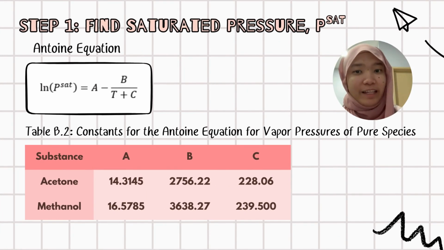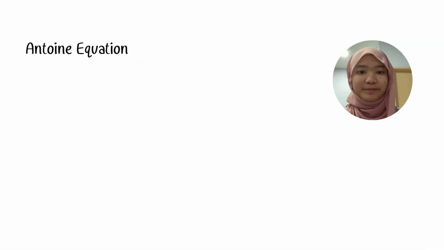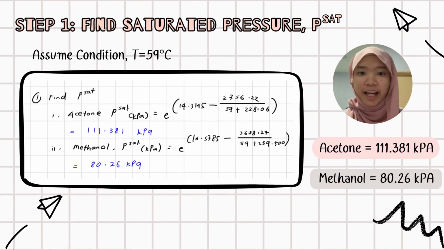For the first step, we must calculate the saturated pressure for each component, which is acetone and methanol, using the Antoine equation. For the values A, B, C, we must refer to Table B2 from the appendix book. This is how we calculated the saturated pressure for each component using the Antoine equation, assuming the operating condition at 59 degrees Celsius.